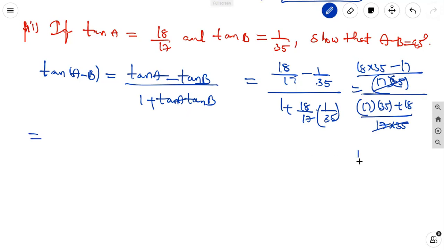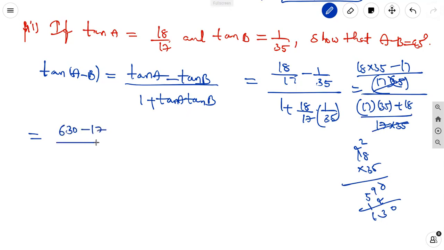It is equal to 18 into 35, which is 630, minus 17 over 17 into 35, which is 595, plus 18.